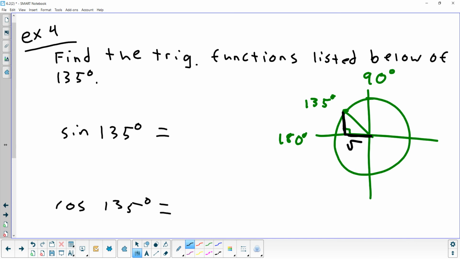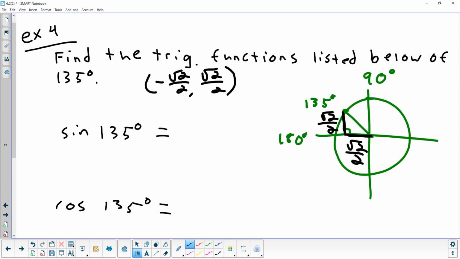Yep, they're both square root 2 over 2. Now you're doing 135. So what's going to be the coordinate for 135? Negative square root 2 over 2, and then positive square root 2 over 2.